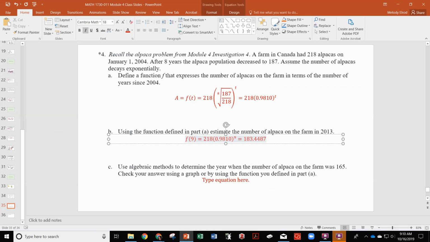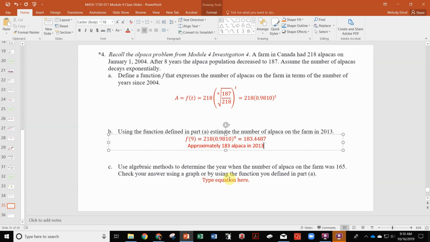And so, of course, we can't have a partial alpaca. So estimating the number of alpaca on the farm, I would approximate that by rounding down, no matter what the decimal places are, because rounding up, I'm going to fall short. So I want to make sure that I don't do that. So I'm going to say approximately 183 alpaca in 2013.